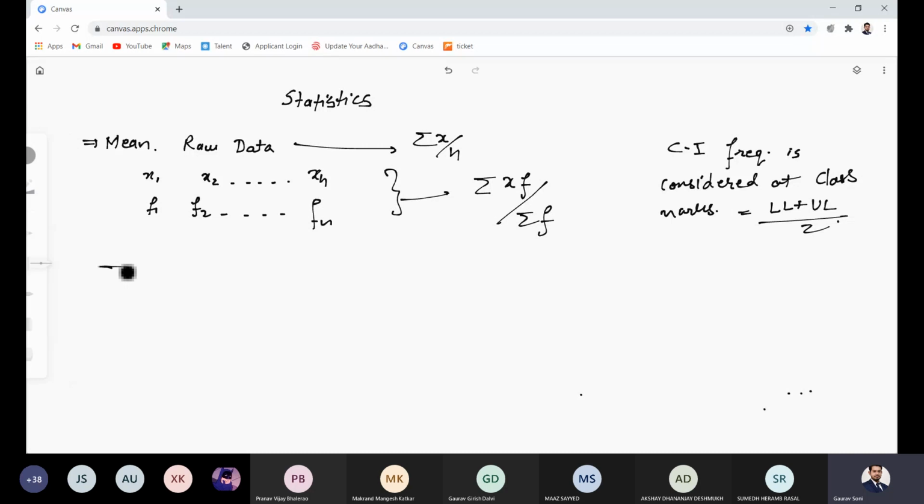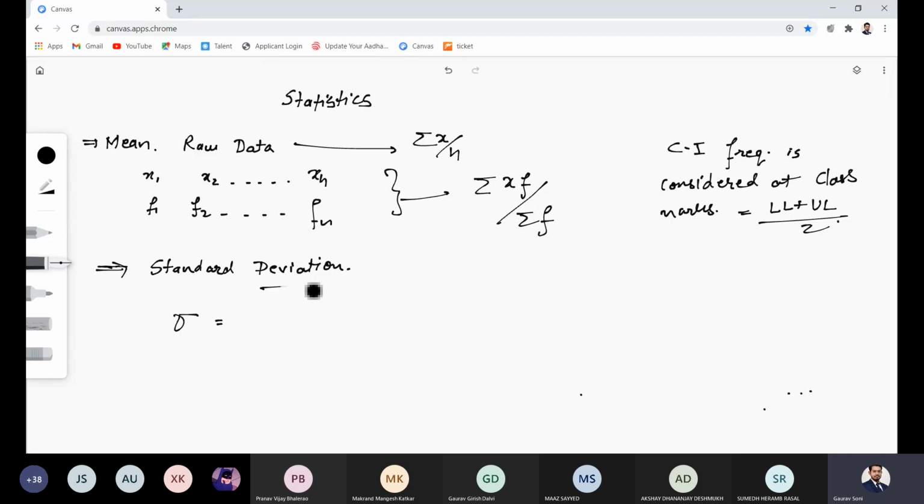After we are done with mean, we have seen the standard deviation. For the standard deviation, the formula sigma is equal to positive root of mean of the squares of deviation, f into x minus x bar whole square upon summation f.